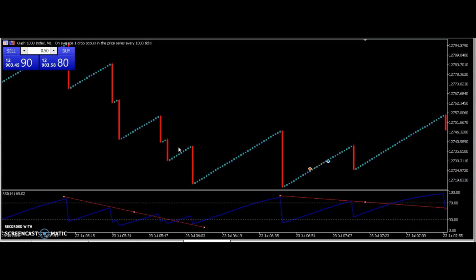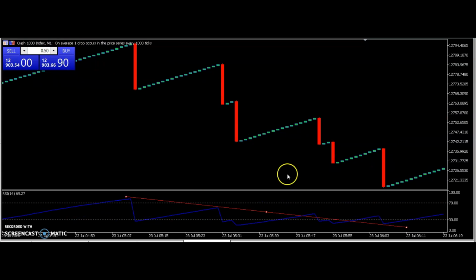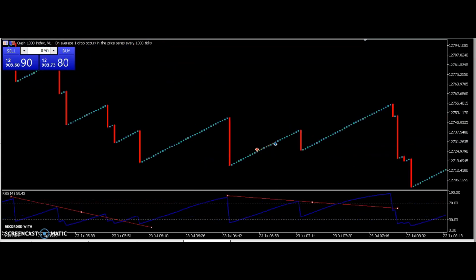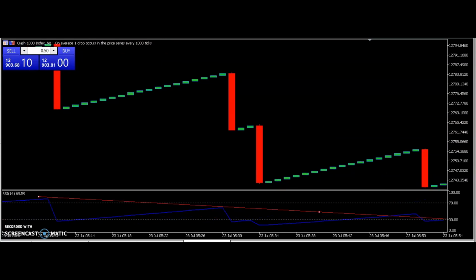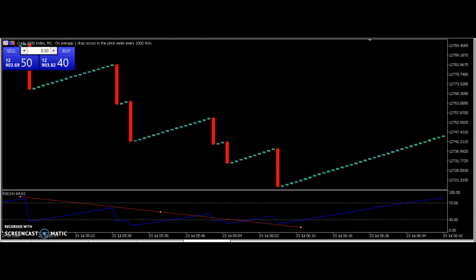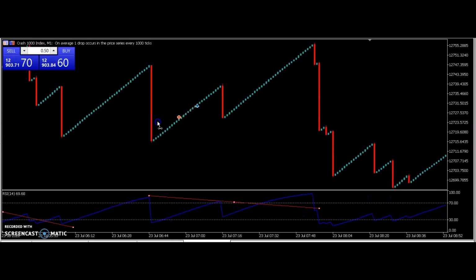So I'm on Crash 1000, 1 minute time frame. My zoom is the max I can get, or maybe just a little bit so that you can see clearly.